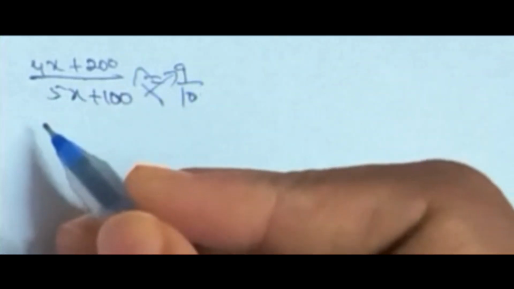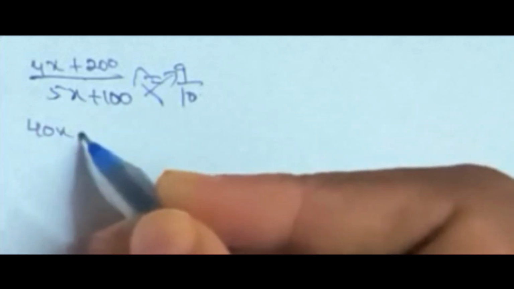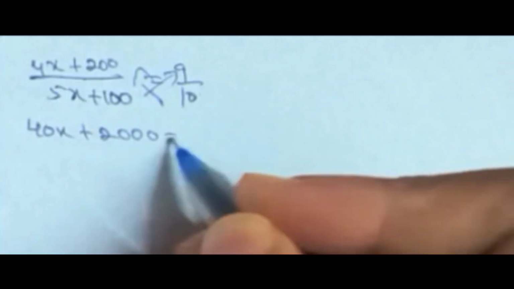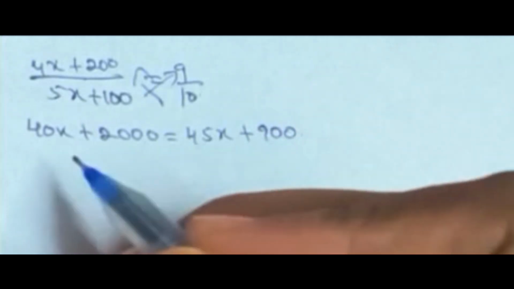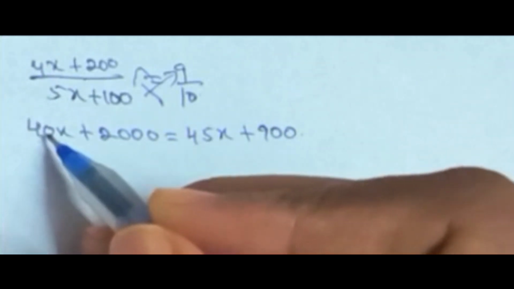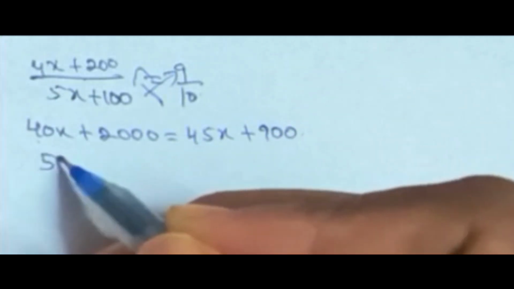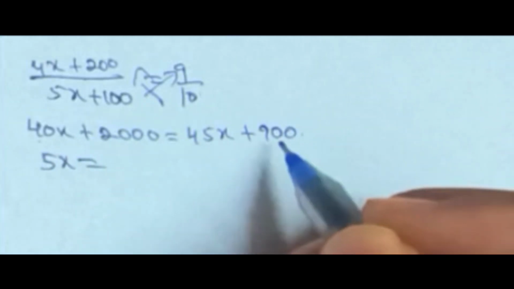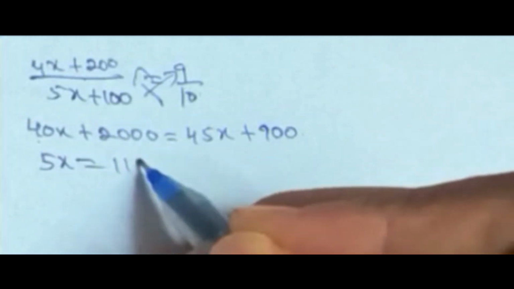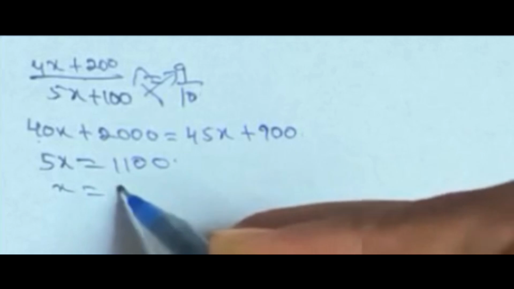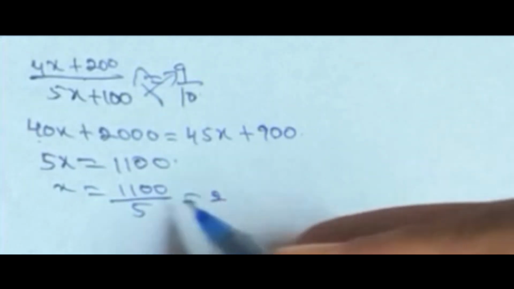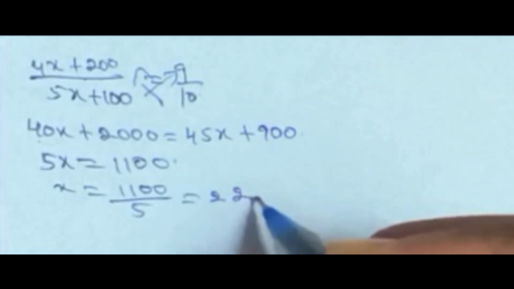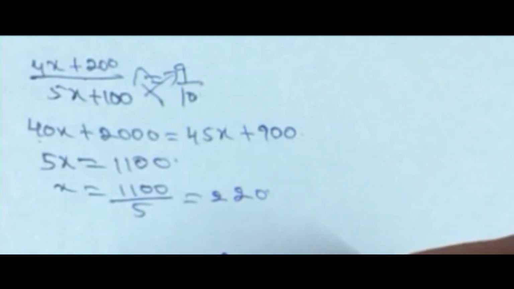Just do cross multiplication for both. 10 4s are 40x plus 2000 is equal to 5 9s are 45x plus 900. So let us take this term this side, 5x is equal to 1100. So x is equal to 1100 by 5. So 5 2s are 10 and 1 remainder, which gives 220.